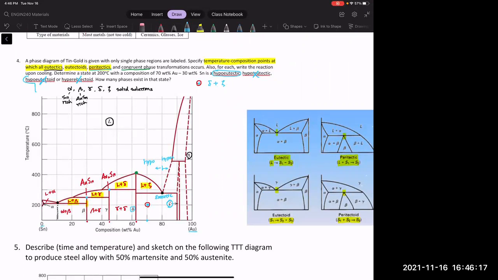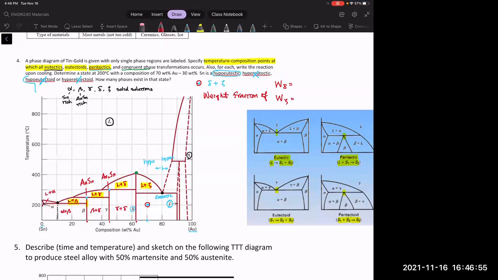So let's say if we look at the composition, which is the 70, 30 at 200 degrees Celsius, then we can find the weight fraction of delta and the eta. So what is the weight fraction of this and what is the weight fraction of this? And you use the lever rule.